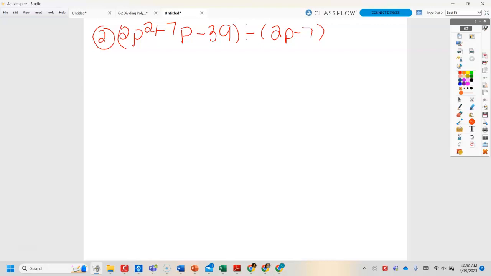You cannot do this problem using synthetic. This is not a valid problem for synthetic because we have a 2 on my divisor's coefficient. So let's set up and review long division.